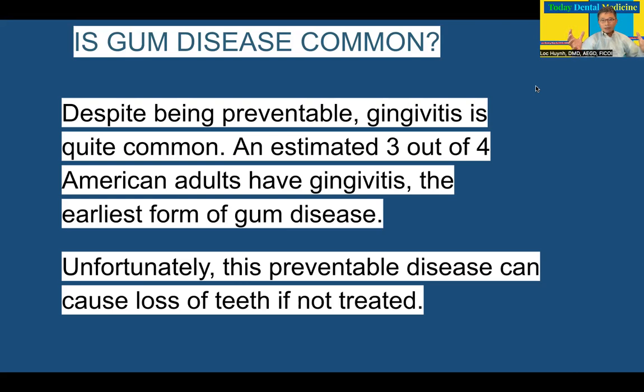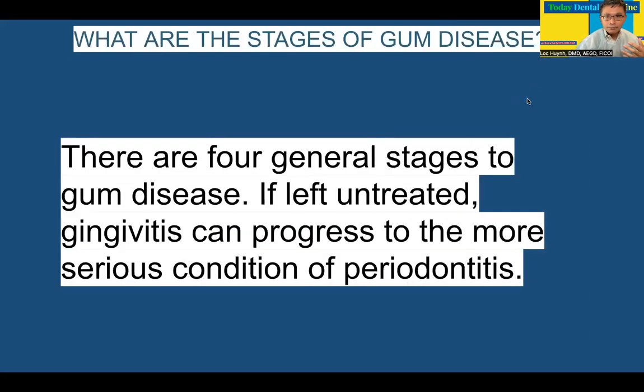It is a process that takes a long time to destroy your gum, because of the lack of preventive cleaning. Dental hygienists or dentists clean your teeth, so go see your dentist. Unfortunately, this preventable disease can cause tooth loss if not treated. We can talk more about it in detail. I just want to give you a quick idea of what we're talking about here.